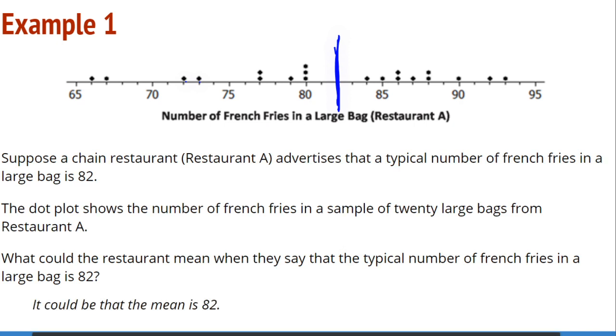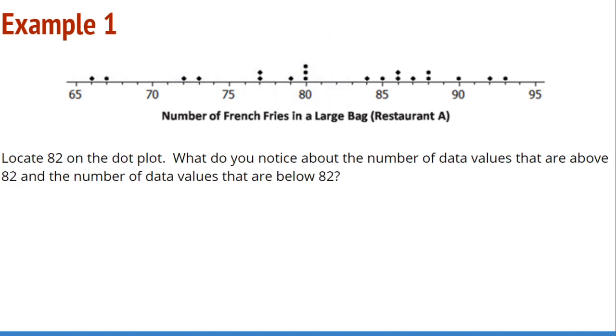They added up all of these numbers and they divided by 20, and they came up with 82. So we find 82 on the dot plot. And you'll remember you use this little balance symbol to kind of show where the center is.